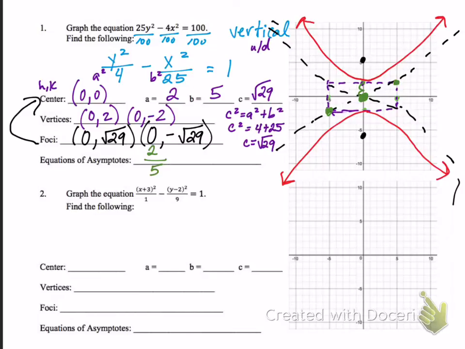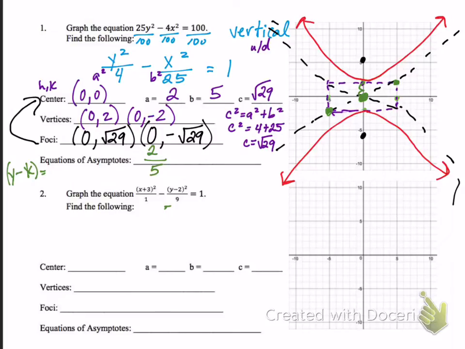Then I take my center, so I'm going to put it in the point slope form. Does everyone remember the point slope form? Like y minus y1. Or in this case, if you wanted to put h and k in it, because I'm going to use my center as the point every single time, you could say that it's y minus k equals, then you take your slope.